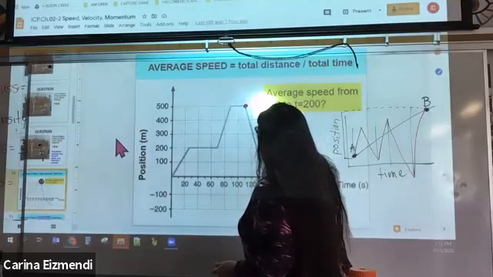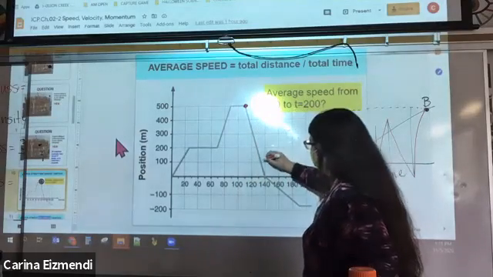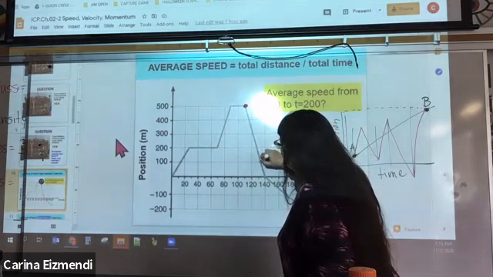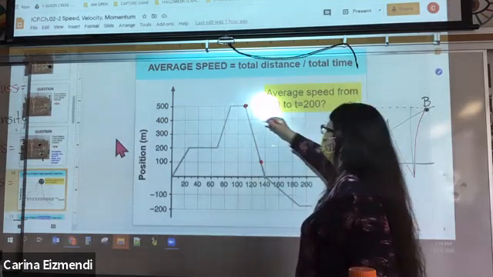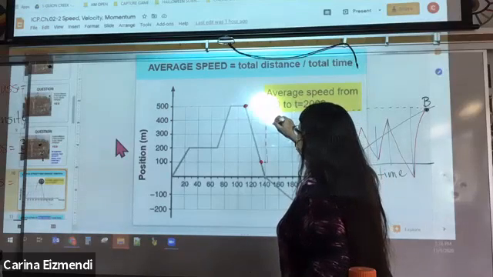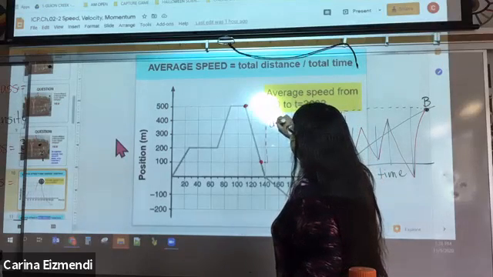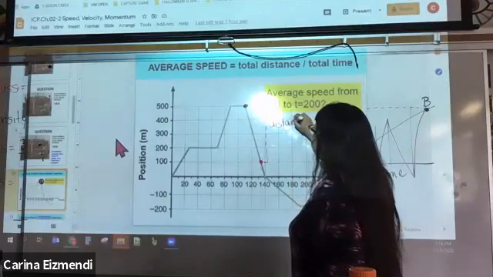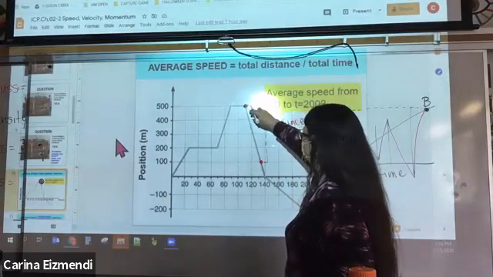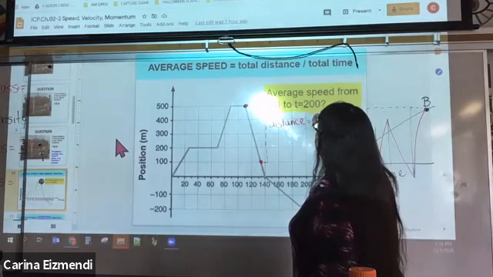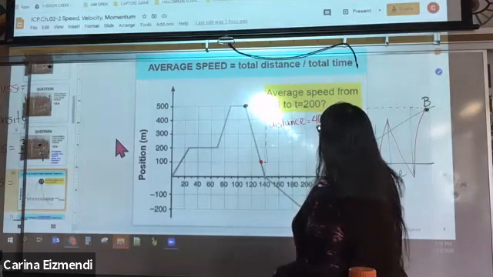Looking from here to here, the displacement, I'll go up with the distance, equals, well, it's 500 minus 100, equals 400 meters.